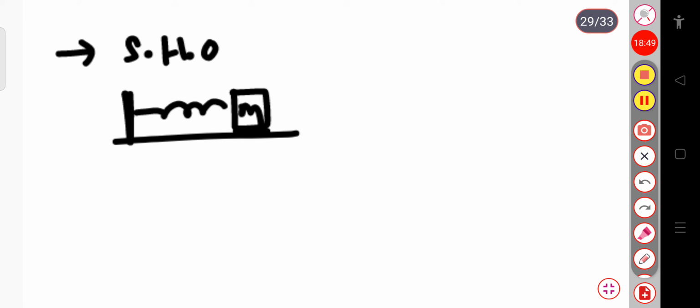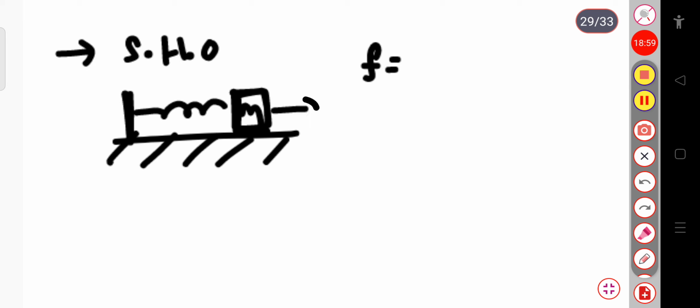Then in this condition, what is the degrees of freedom? You can see this mass can move only in one direction, because of this spring, it can move to the left or to the right, but it has only one coordinate. So here the degrees of freedom is 1.